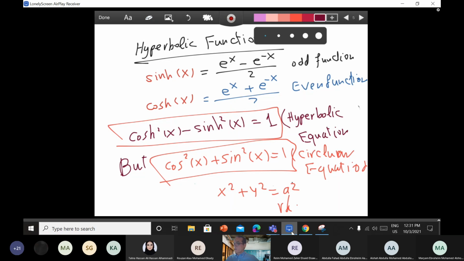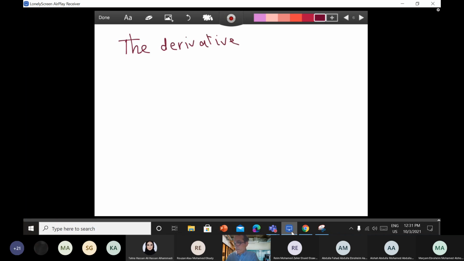Okay, so let's go for our main object. What is the differentiation, the derivative of the hyperbolic function? It is not new.